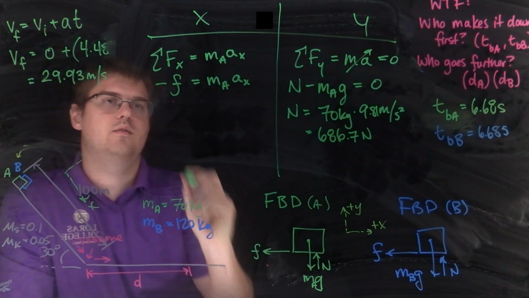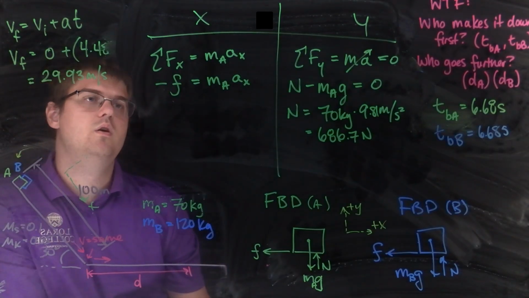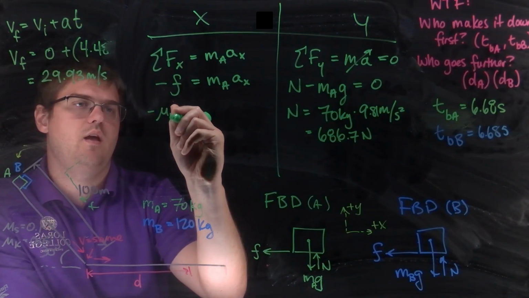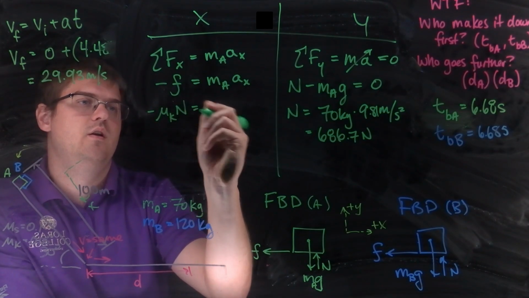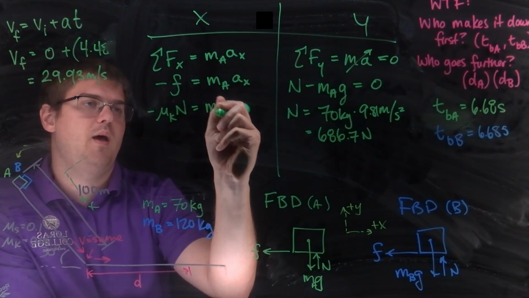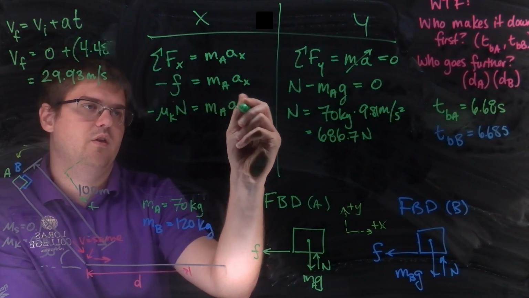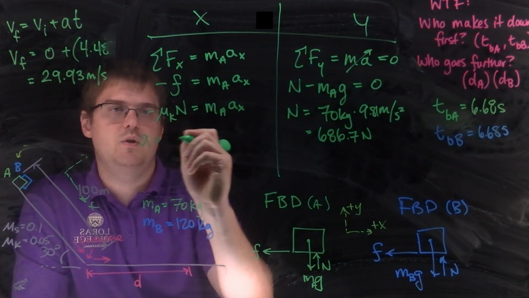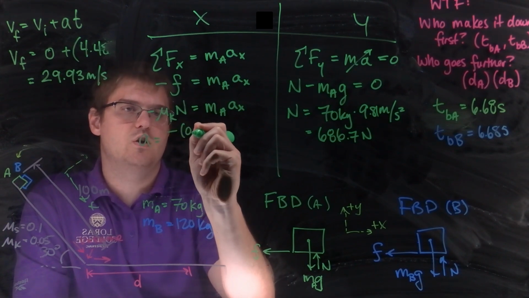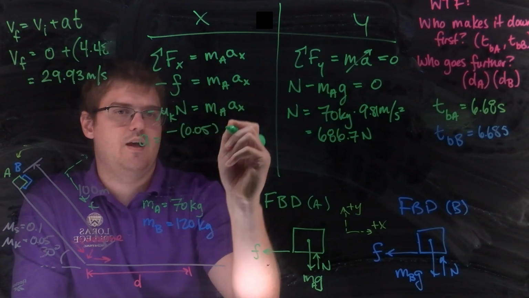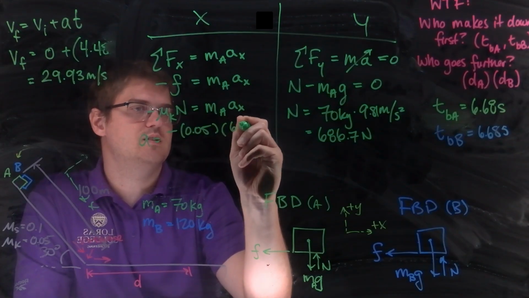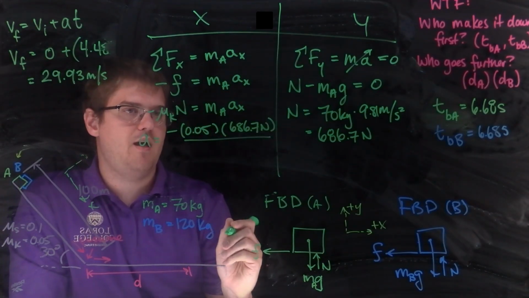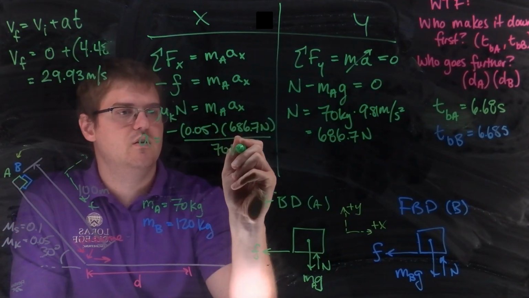I can say that this friction is negative mu k, because I'm moving, times N, equal to my mass of A times my acceleration in my x. Acceleration in the x is going to be equal to negative mu k, which was 0.05, times my normal force, which was 686.7 newtons, divided by my mass of A, which was 70 kilograms.